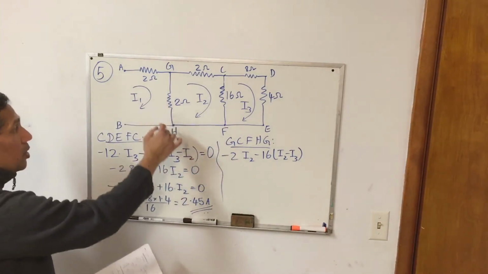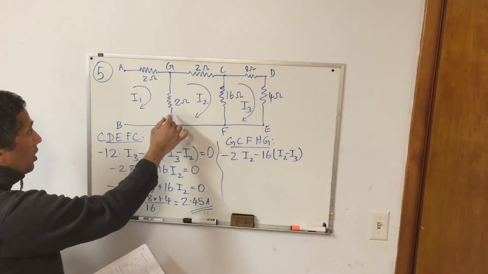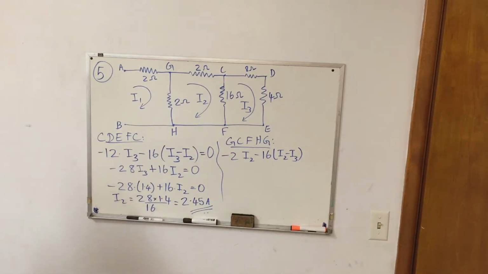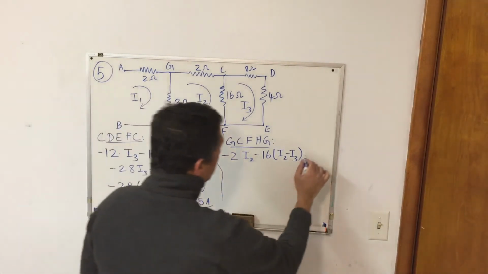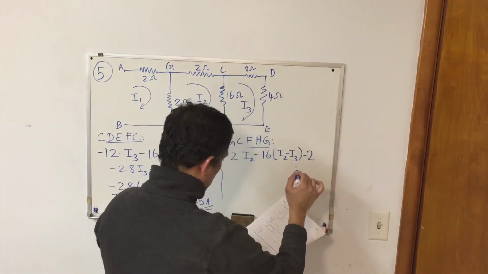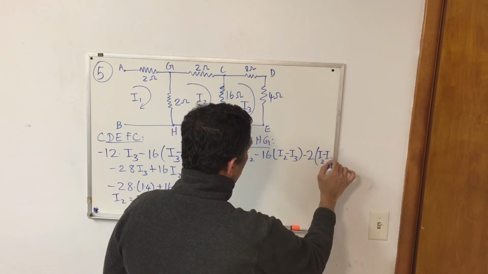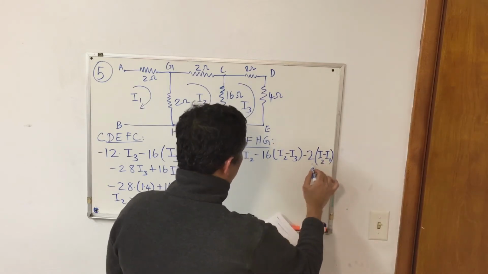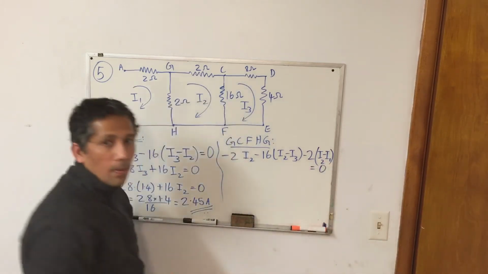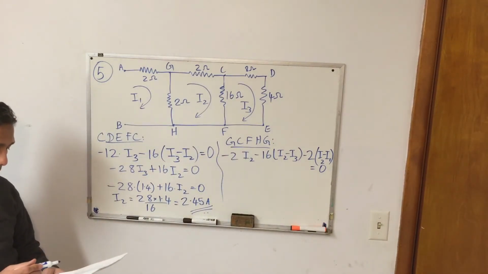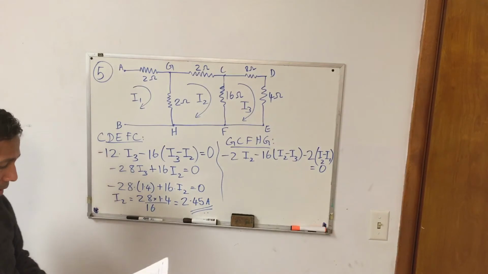And then I have the 2 ohm resistor, and in the direction of my travel, the current is going to be i2 minus i1. So I have this minus 2 times (i2 minus i1), and this value has got to be equal to 0 because I come back to the same point. So I should neither gain potential nor lose potential.